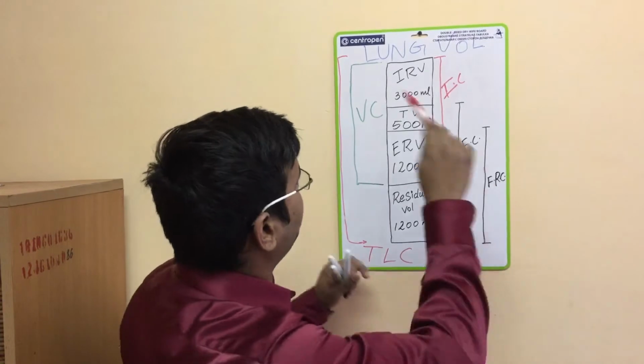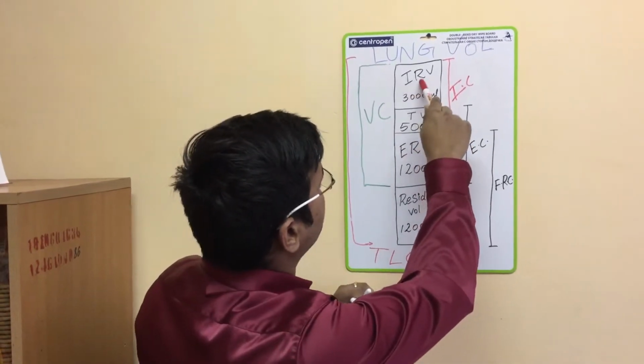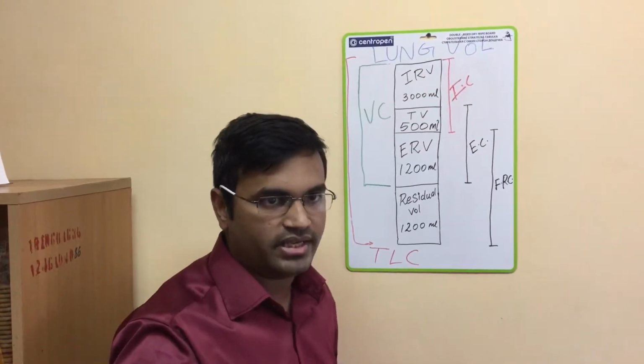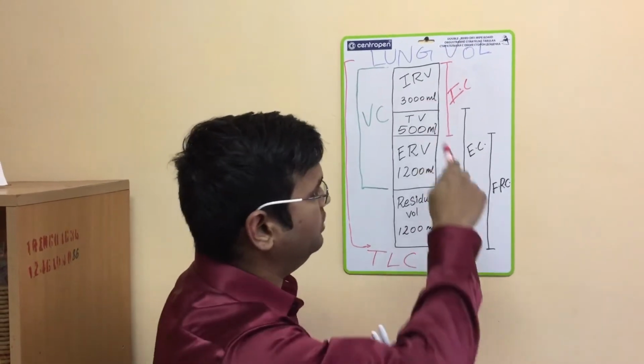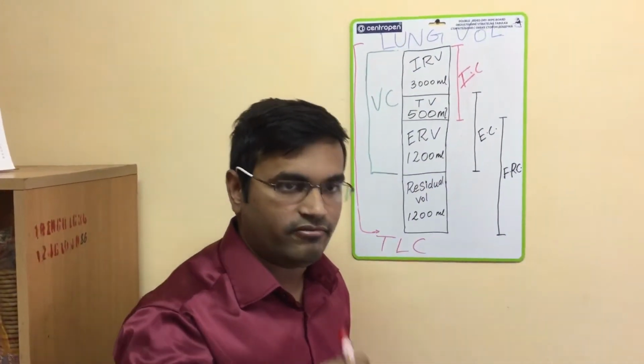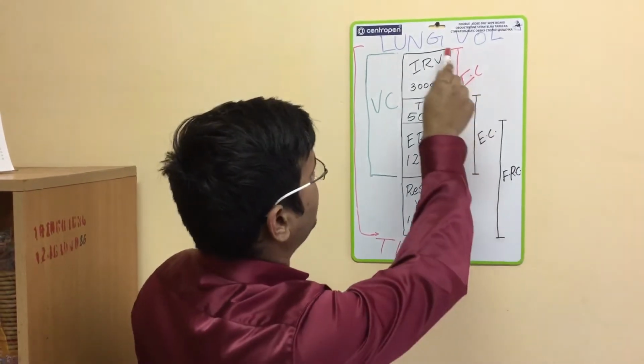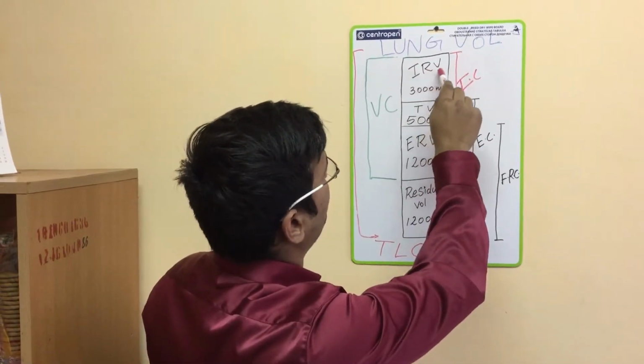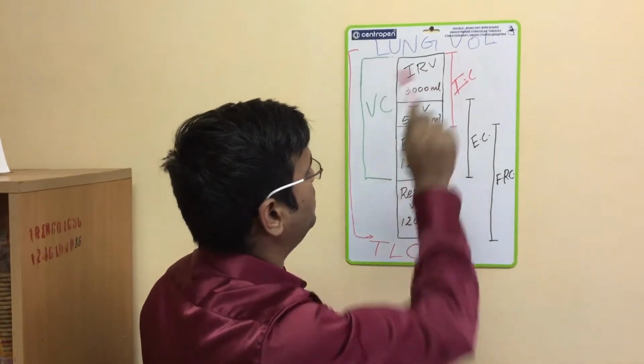Now this is inspiratory reserve volume. I am inspiring more than my tidal volume, more than my normal inspiration. I am exerting force in inspiration. This extra is the inspiratory reserve volume, which is normally 3000 ml.